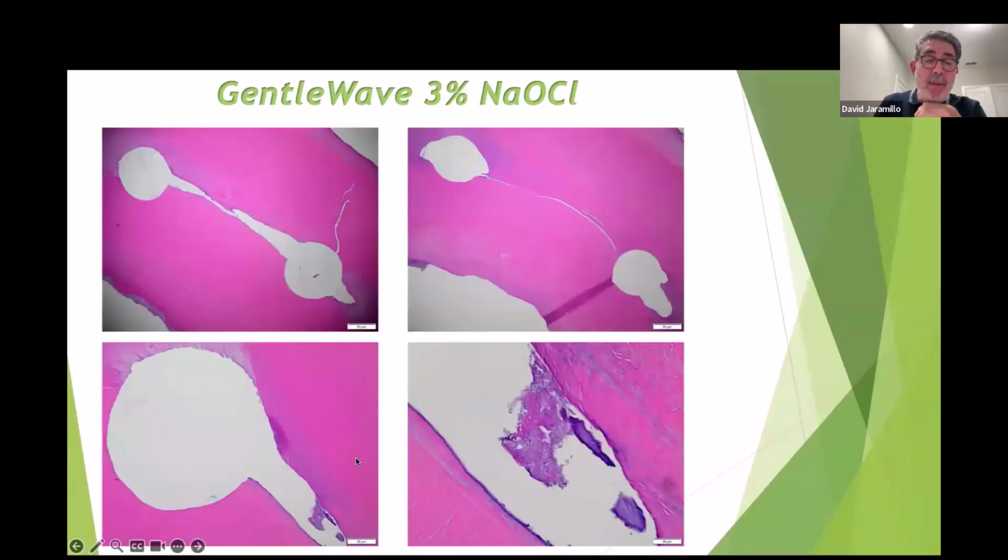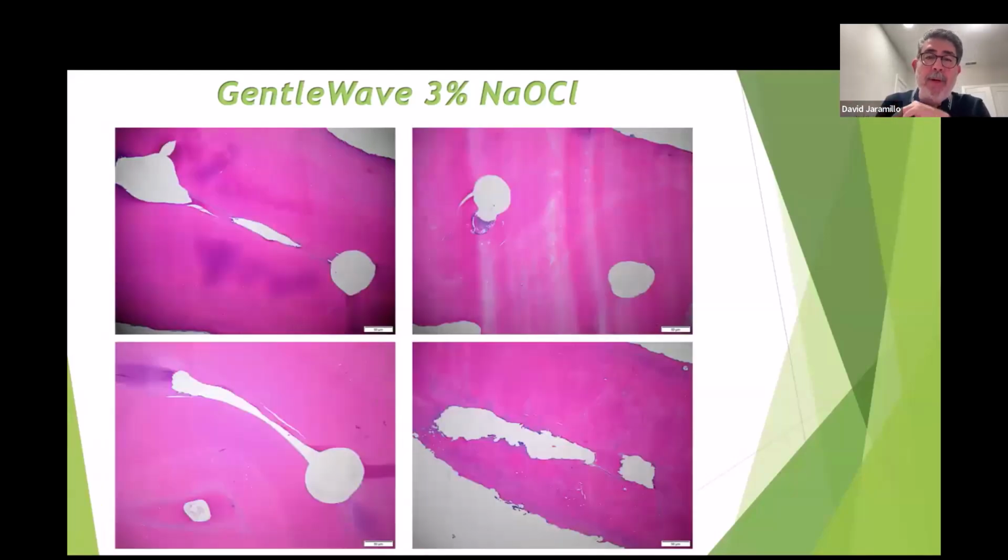Here is another sample. Tissue in the isthmus, of course, is not 100%. It doesn't have 100% efficacy, but it's very, very clean compared to other techniques.